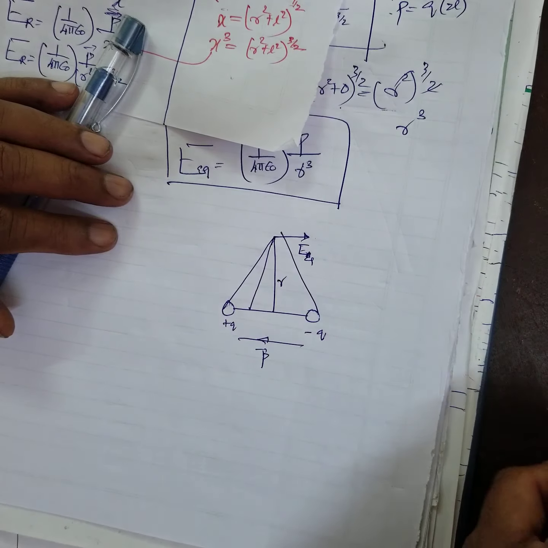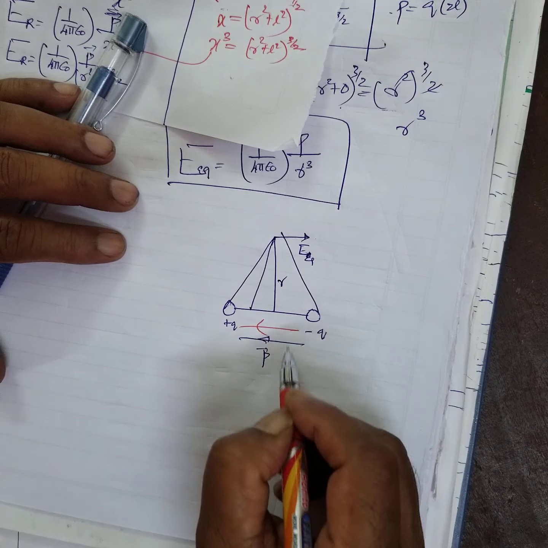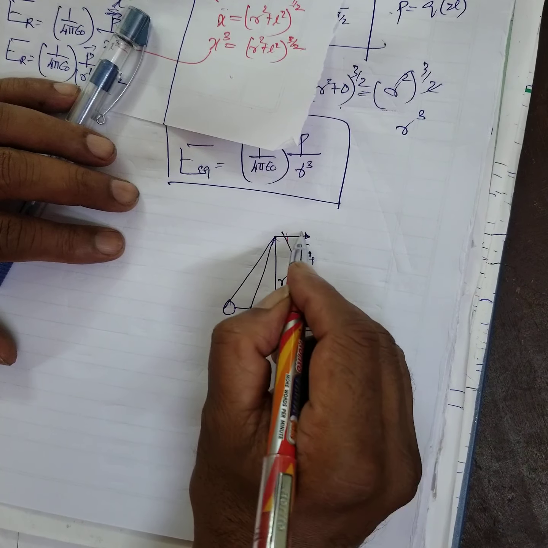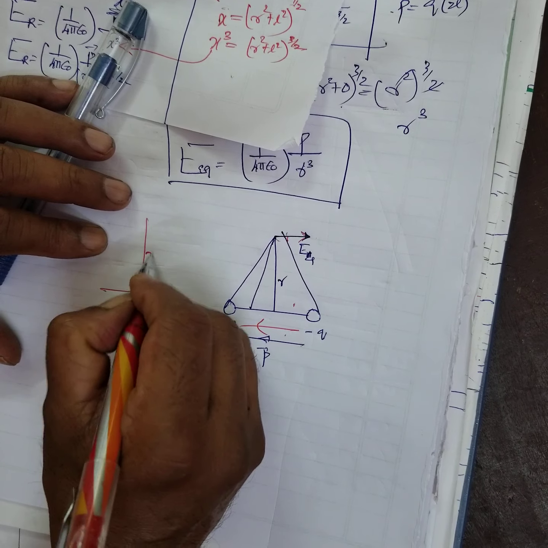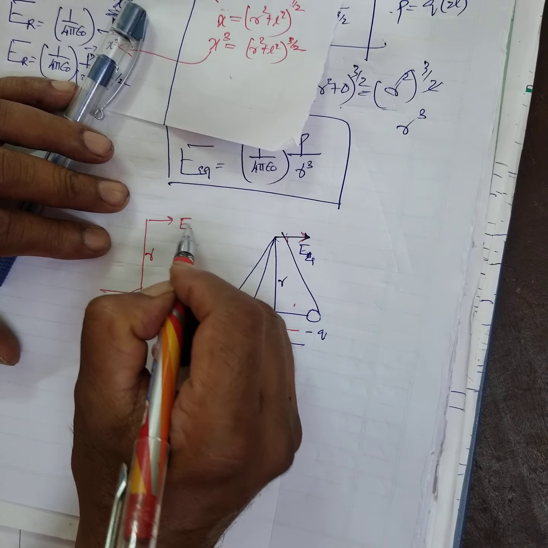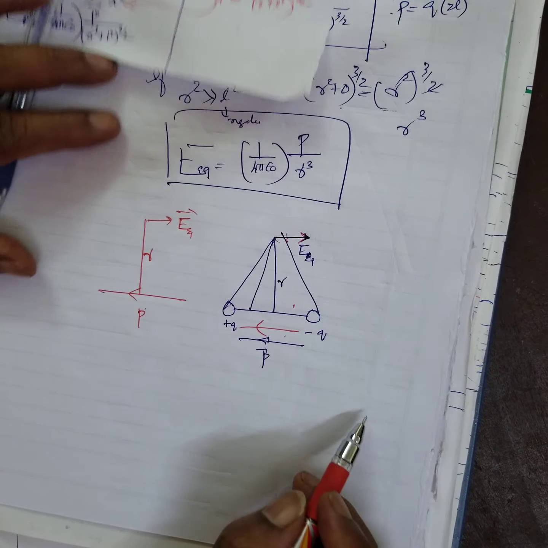This is r. They are parallel but in opposite directions. Therefore, if the dipole moment is in this direction, the electric field along the equatorial line is in the opposite direction. That value is this.